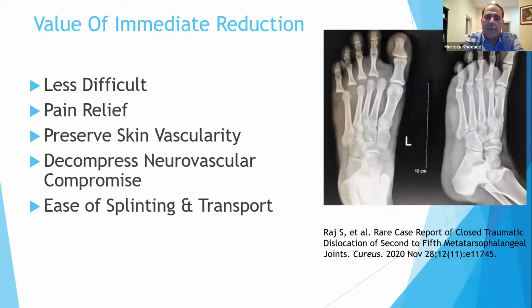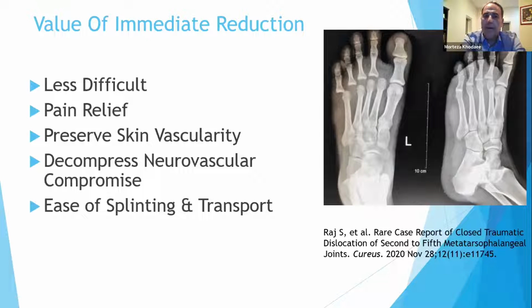And why do we do immediate reduction? What is the value? Obviously, when you reduce it sooner, it is less difficult because the muscles have not started contracting and having spasm, so it would be a little bit easier to reduce. Also, because you don't have any edema yet or any hemarthrosis, it would be easier to do.